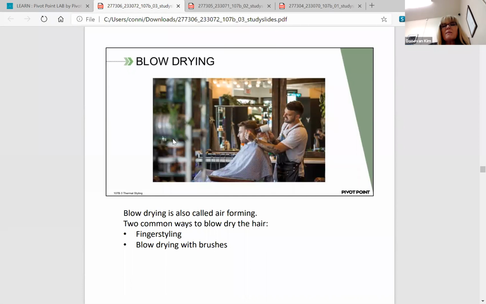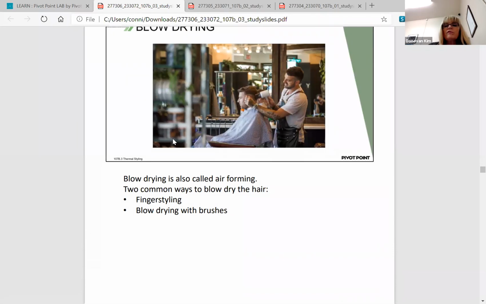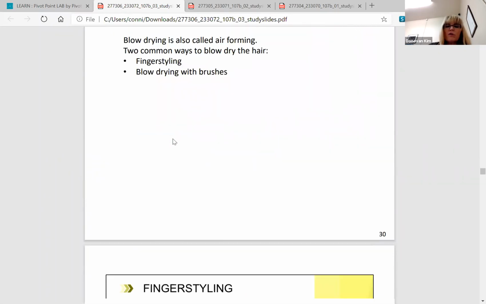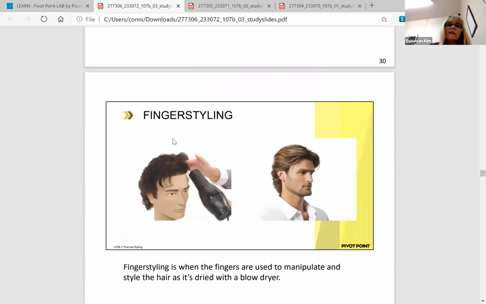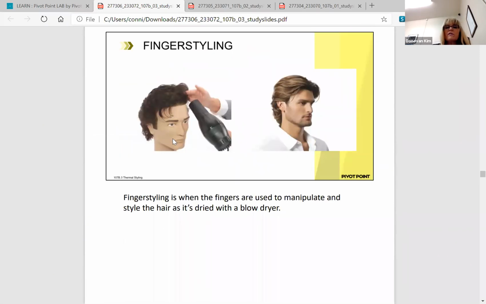So blow drying sometimes is also called air forming, just in case you didn't know that. You can use fingers, brushes, combs. There's lots of different tools you can use, but the two main ones are finger styling. Finger styling is just when you use your fingers to put the hair where you want it while you dry it. It's really easy. It works best on short to medium length hair.